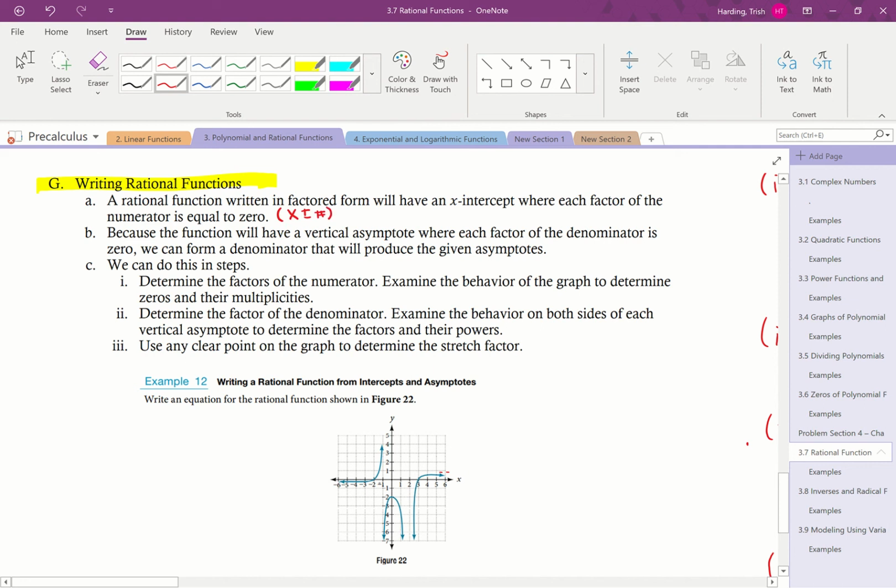So looking at this graph, it looks like we have an x-intercept at (-2, 0). And we also have one at (3, 0).